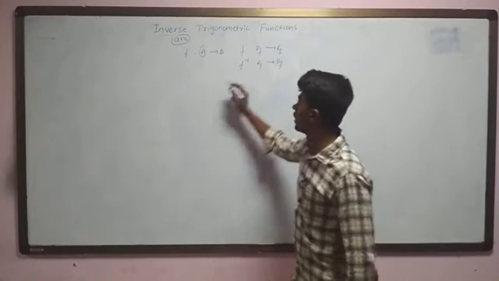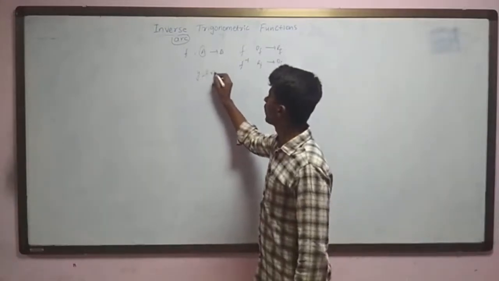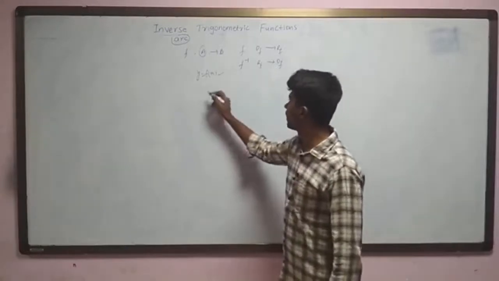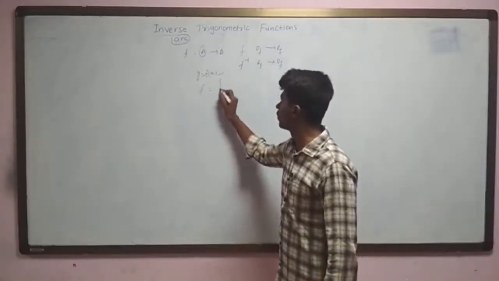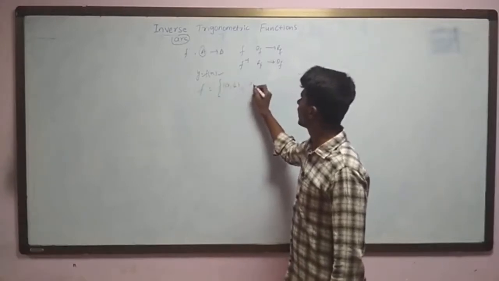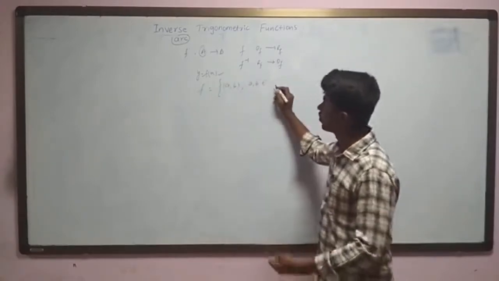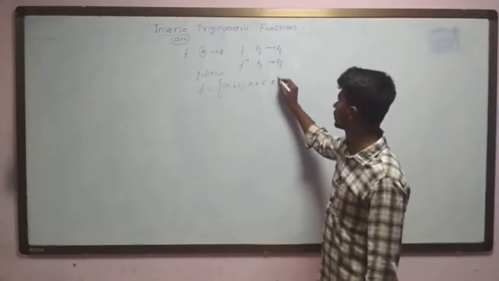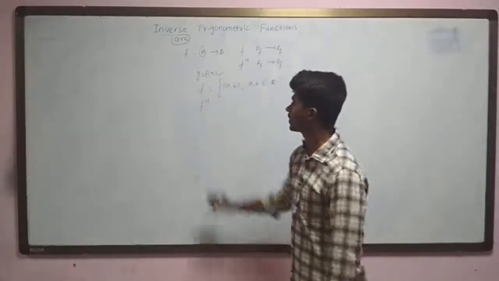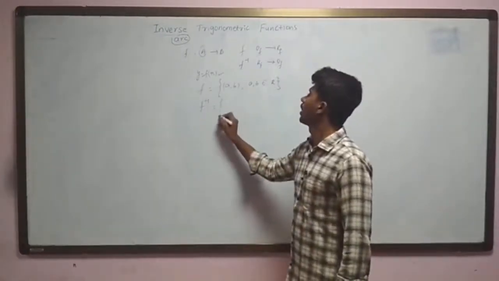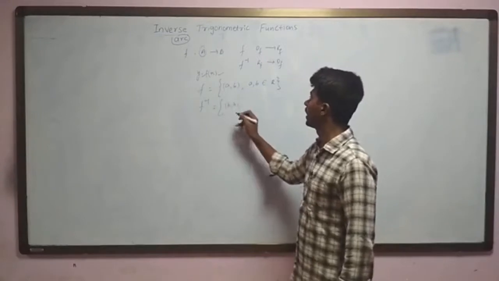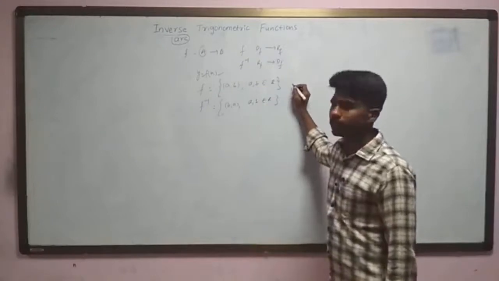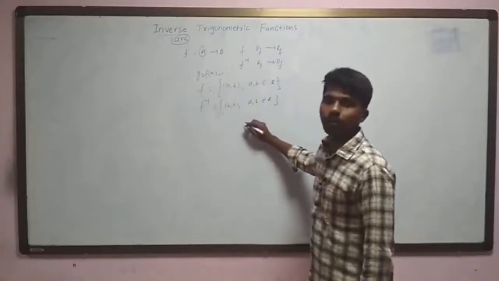So, if y equal to f of x is a function defined as f equal to (a, b), where a, b belong to real numbers, otherwise natural numbers, then if you are able to define another function, f inverse, having the elements (b, a), where a, b belong to real numbers, then the function f is called an invertible function.